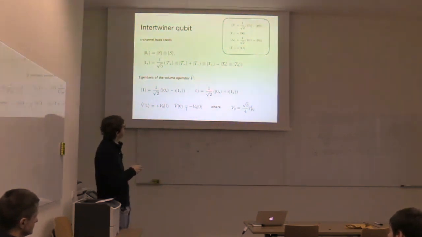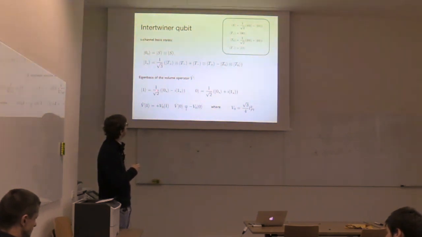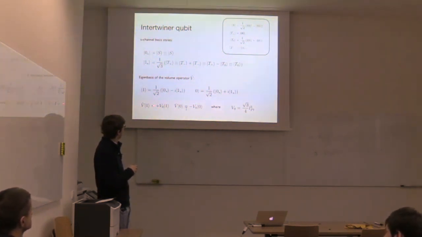You can also transform to another basis. An important basis is this one, in which the volume operator is diagonalized, and these states are eigenstates of the volume operator, associated with a volume of the order of the Planck volume.